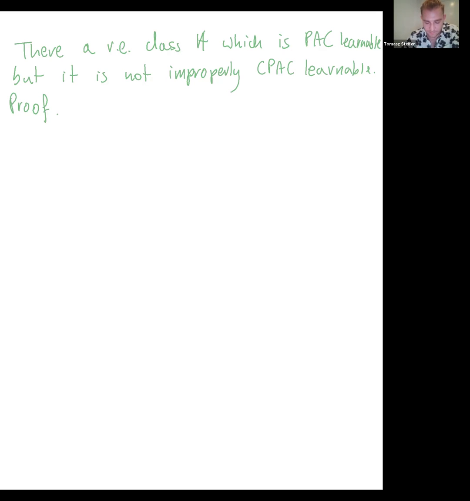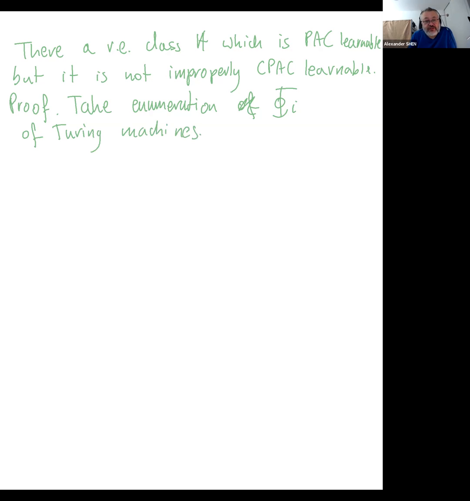We can take an effective enumeration of all computable functions, phi of Turing machines. And what is its classical VC dimension? 1. I mean, we didn't define it yet, but the answer to your question is 1.